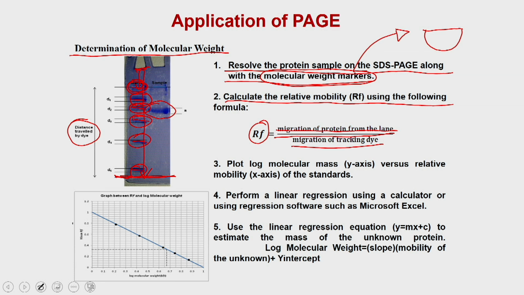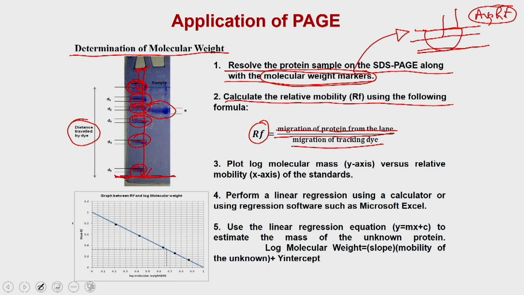Many times students are confused about which point to take for this particular protein. In those cases, either you take the center of the band and measure the values, or the best approach is to take the value from the top and from the bottom, and then use the average Rf value or average distance of these two.